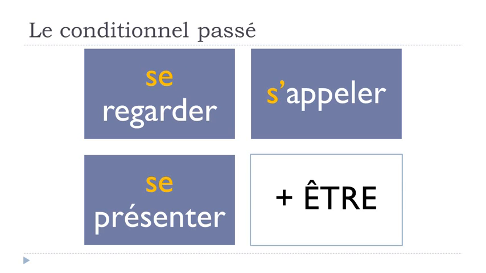So they will use être for this conditionnel passé form, and they are exactly the same verbs, as we saw for the passé composé, so it is always the same rule, okay? So, se regarder, s'appeler, se présenter, so all the reflexive verbs will require être at the conditionnel passé.